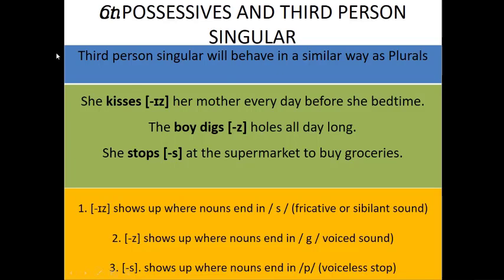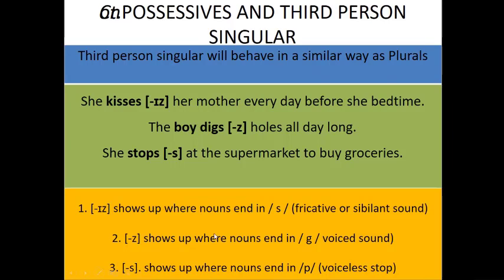So we have another important point. Look at that. It says third person singular will behave in a similar way as plurals. Possessives will behave in a similar way as plurals. Third person singular will behave in a similar way as plurals. And we gave reasons why the plurals behaved as they did, and the reasons apply across, even with possessives or with third person singular.